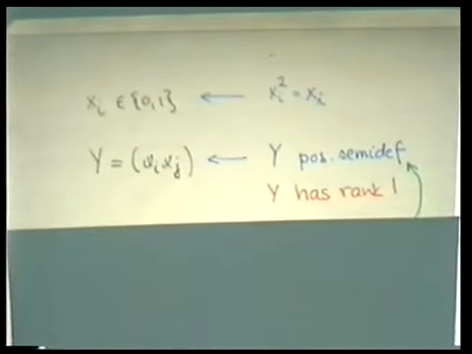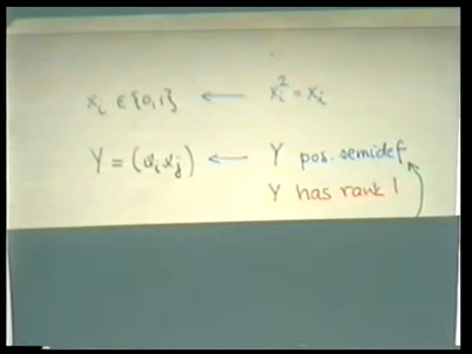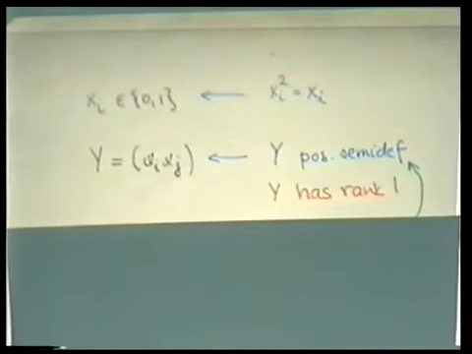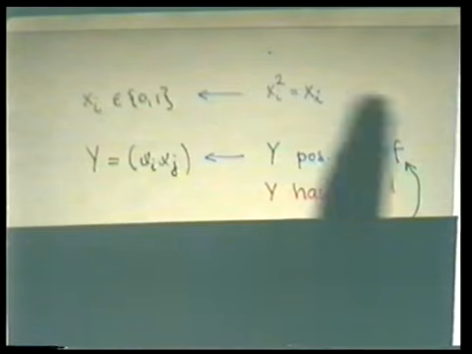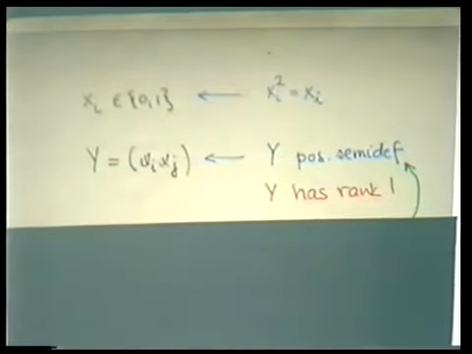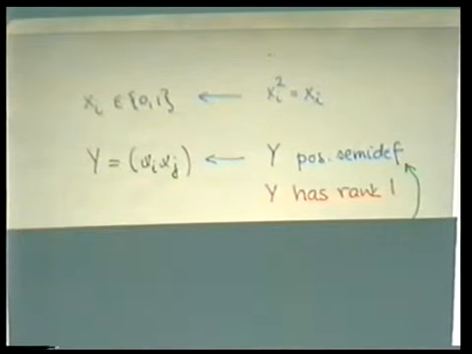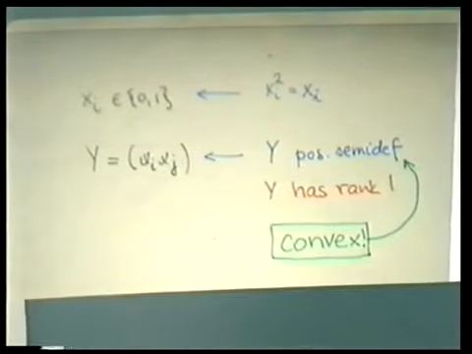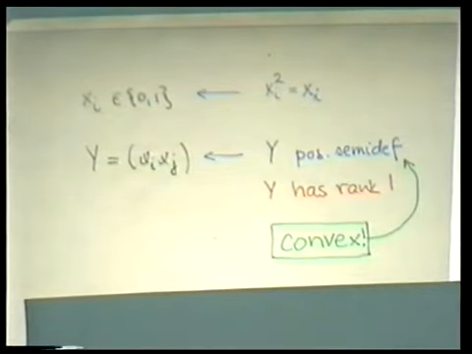But in addition, we know that this matrix is positive semi-definite and has rank 1. In fact, under these conditions, the problem of optimizing over these matrices is exactly equivalent to the original, because once it's positive semi-definite and has rank 1, it can be written like this. But the idea is, out of these two properties, the positive semi-definiteness is nice because it's convex.